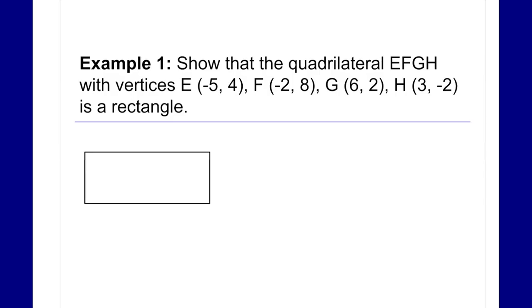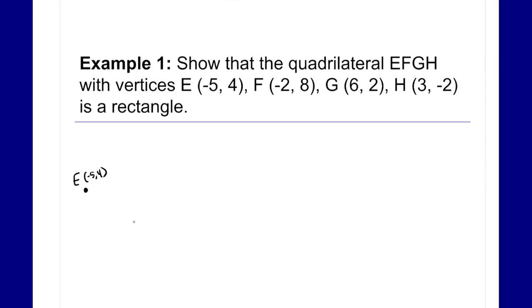This is not going to be 100% accurate, as long as we're relatively close to the idea. So we're going to do G, which is 6 and 2. We're going to have H, which is 3 and -2. I'm going to remove this rectangle just because it may get a little confusing. I'm just going to plot these points roughly where I think they should be. So we have E, which is -5, 4.